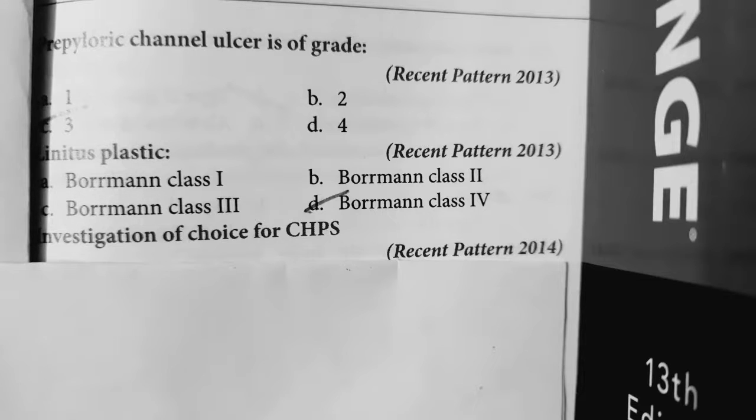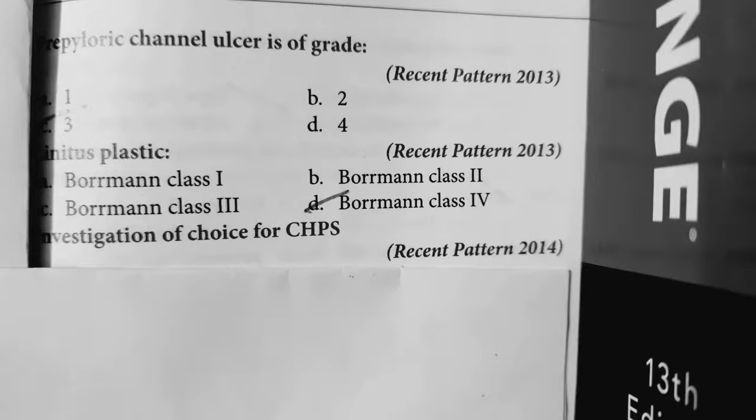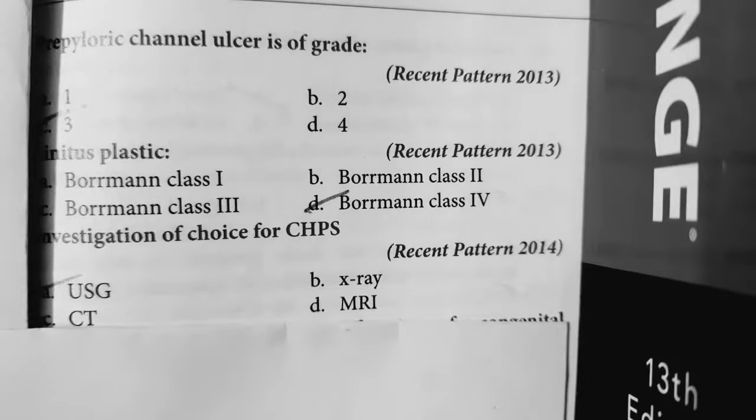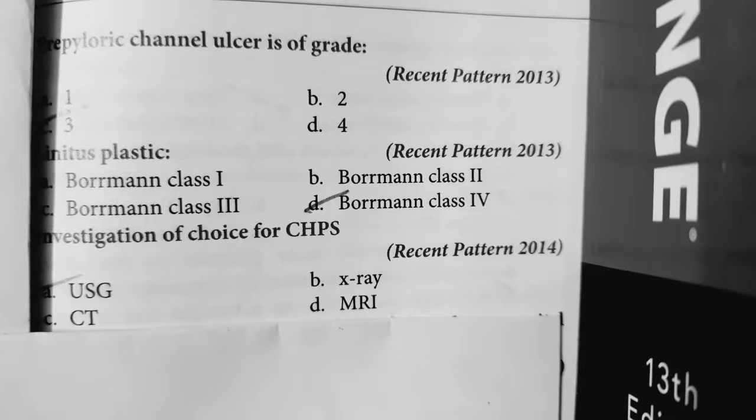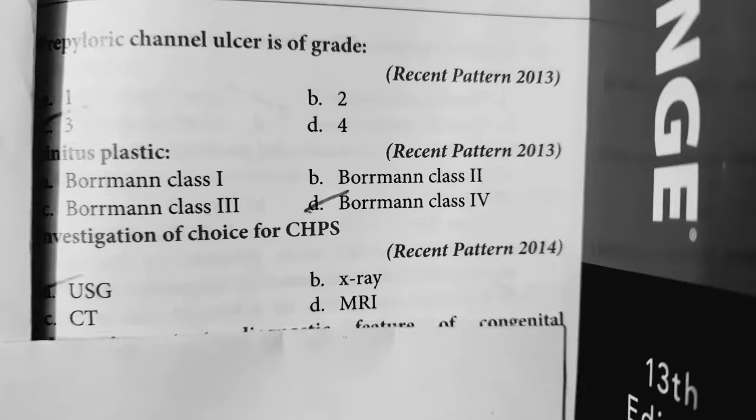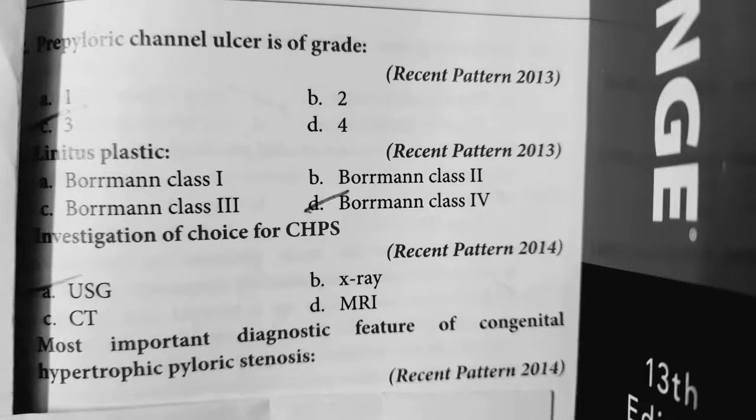Then question number 3. Investigation of choice for congenital hypertrophic pyloric stenosis is ultrasonography. Then question number 4.